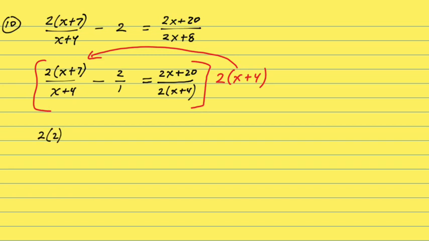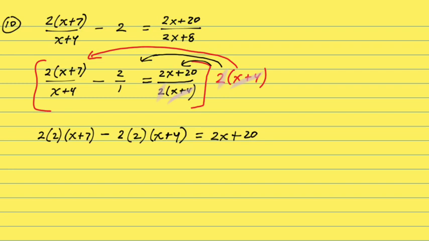2 times 2 times x plus 7, minus, when I multiply here, nothing cancels, so I get 2 times 2 times x plus 4. And when I multiply here, it looks to me like the 2 will cancel, the x plus 4 will cancel, and I'll be left with simply the numerator, 2x plus 20. So when I multiply 4 times x, is 4x. 4 times 7 is 28.